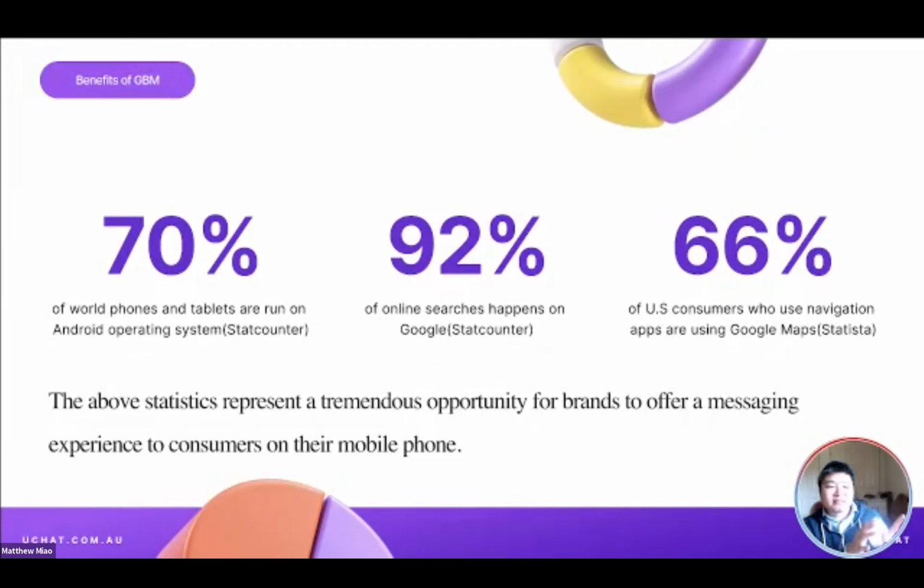So with all this data, whether it's Android devices, Google Maps or Google search, you can be right in front of these customers. You can offer the service to them to automate your business.